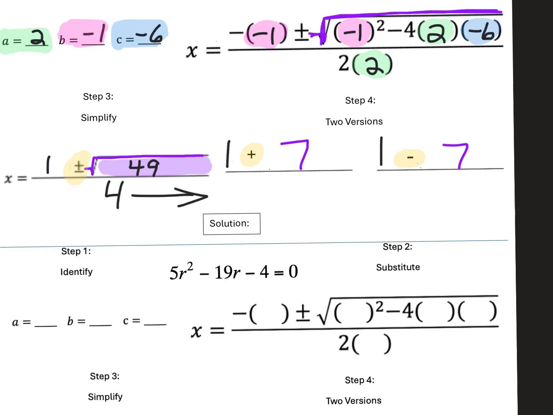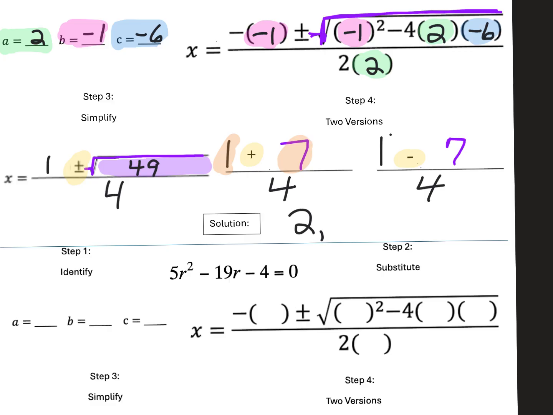And then I'm just going to bring my 4 across also. And then finally, I just do the math. I put in my calculator 1 plus 7, which is 8. 8 divided by 4 gives me 2 for one solution.